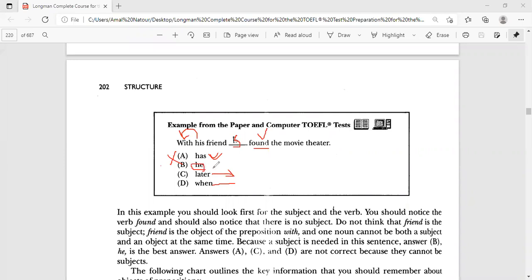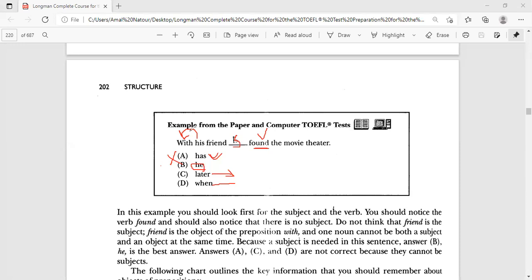Then in this example, you should look first for the subject and the verb. This is the verb, and here should be the subject. You should notice the verb found here, and should also notice that there is no subject here. Do not think that his friend here is the subject.